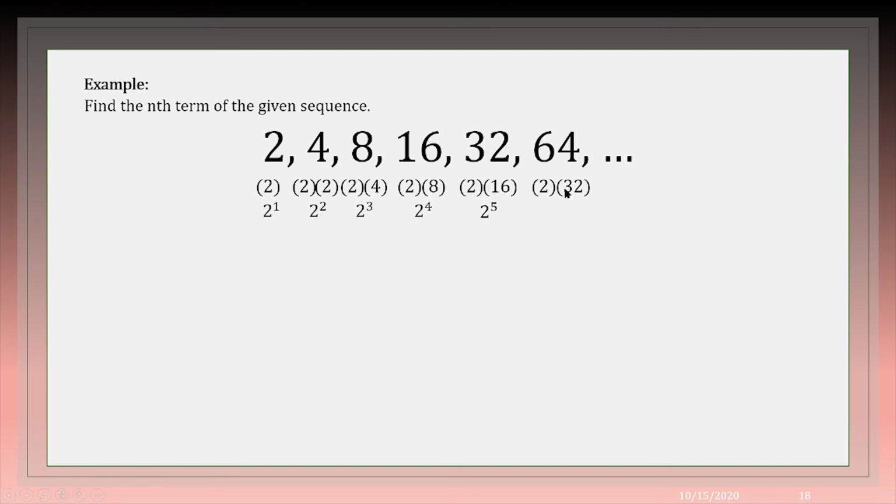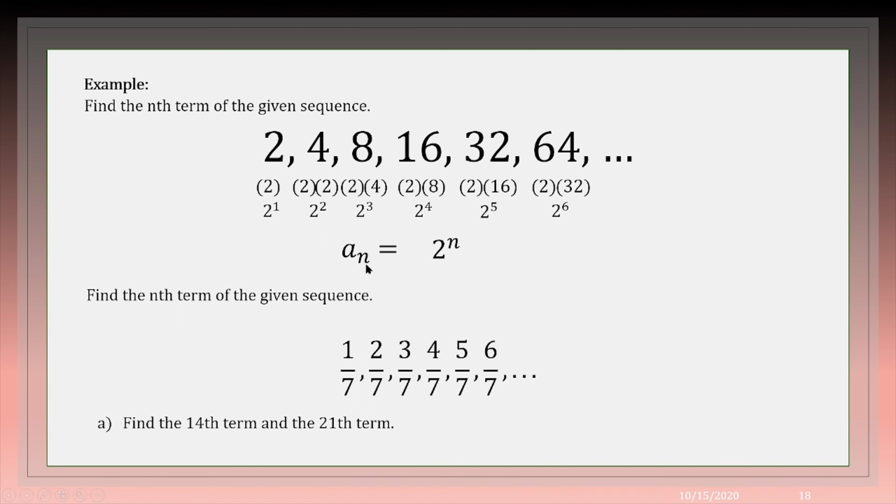Then, yung pang-anim na term natin is 2 to the 6th. So, it means that the value of a sub n is equals to 2 to the power of n, since nagbabago lang is yung ating exponent. Tandaan natin ha. In this example, this is not a linear sequence. So, masasolve lang natin to, a sub n, base sa observation natin.